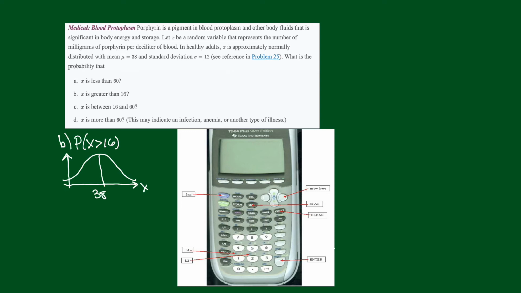Now this is 38, so 16 must be over here, right? So I'm just going to write a 16 out here. And what's the probability that we randomly choose somebody, test their blood, and the porphyrin level comes out to be greater than 16, somewhere in this interval, right? So what we're going to do is get a measure of that area.